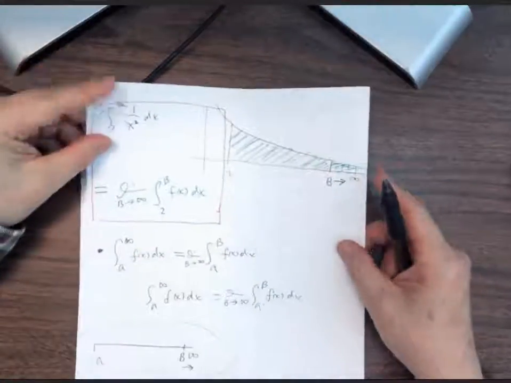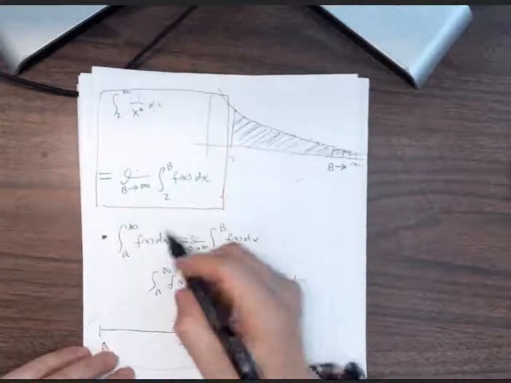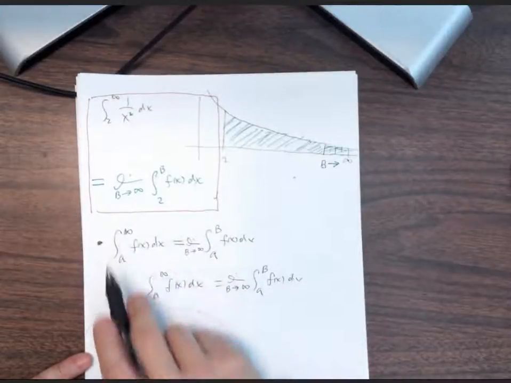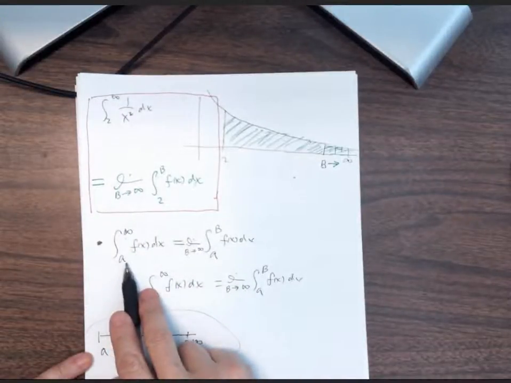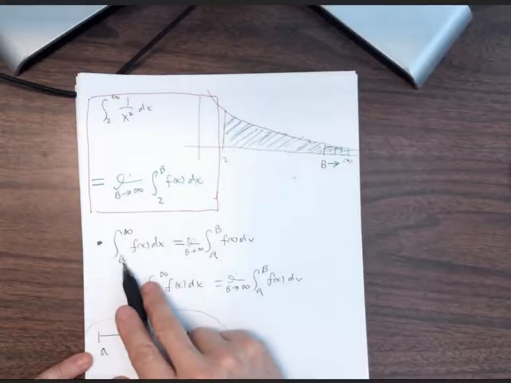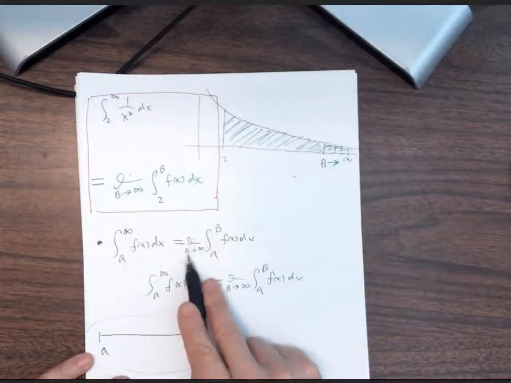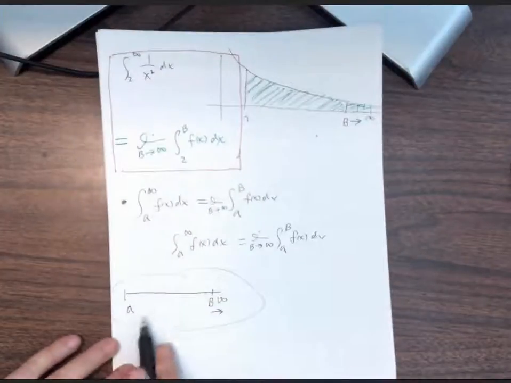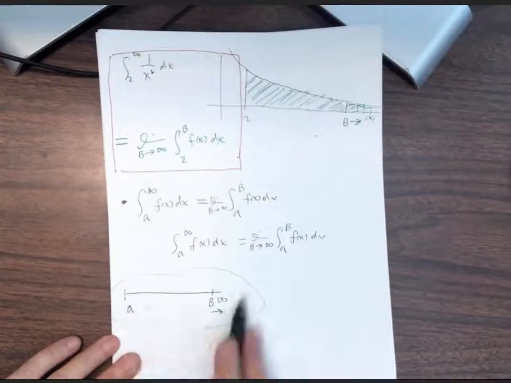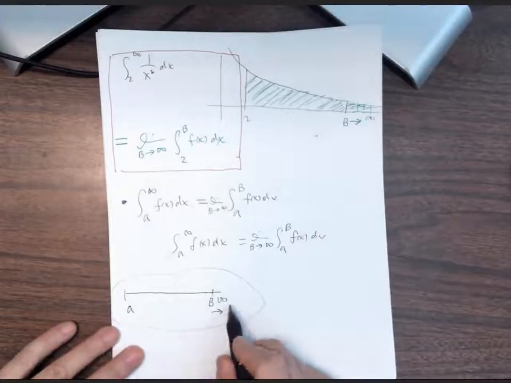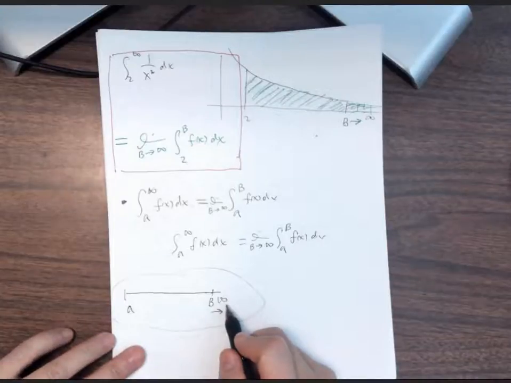So let's record here again for an improper integral involving an infinite limit. Say from a to infinity, we go from a to b first and send b to infinity. This basically allows us to avoid integrating with the infinite limit involved.